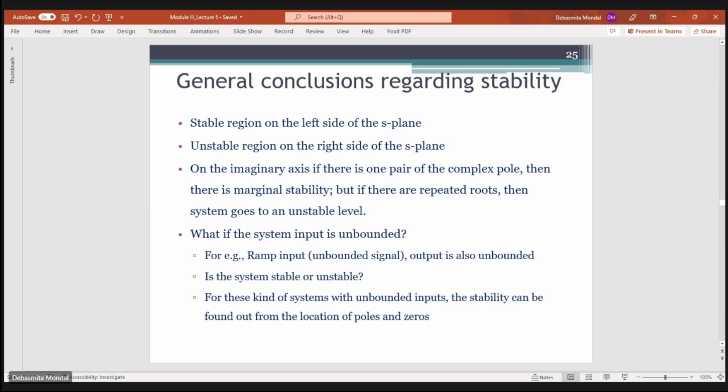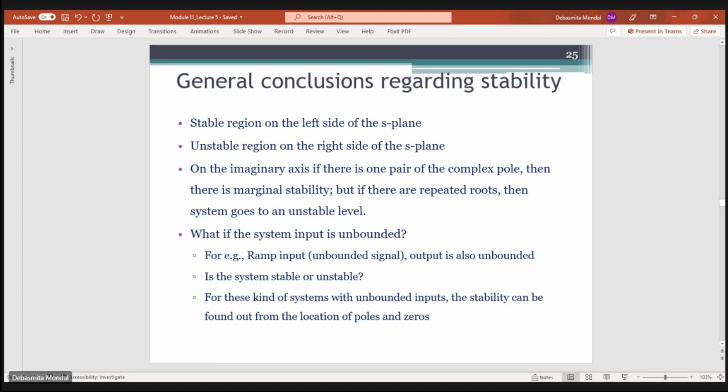Whenever the input to your system is an unbounded signal, obviously the output of the system will also be unbounded. In that case, can you straight away say that your system will be unstable? That is not the case.